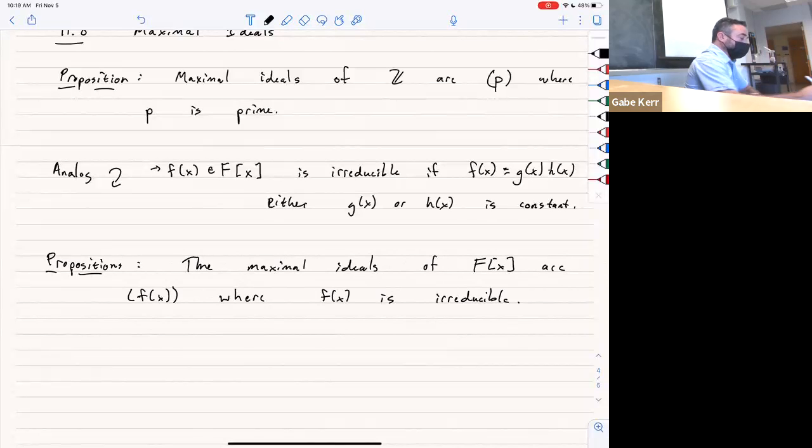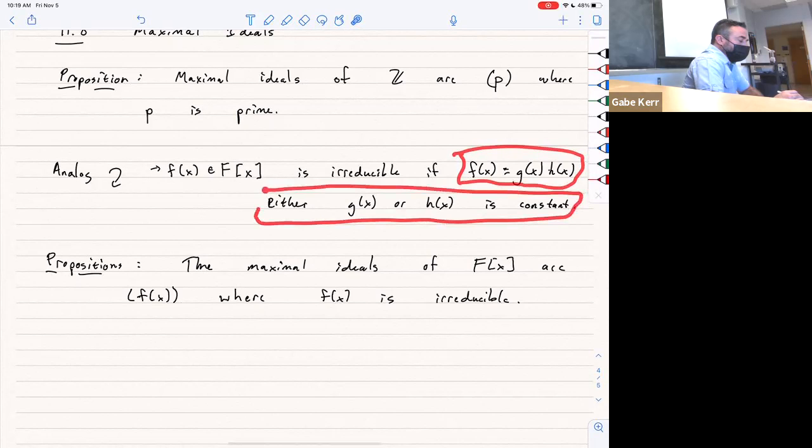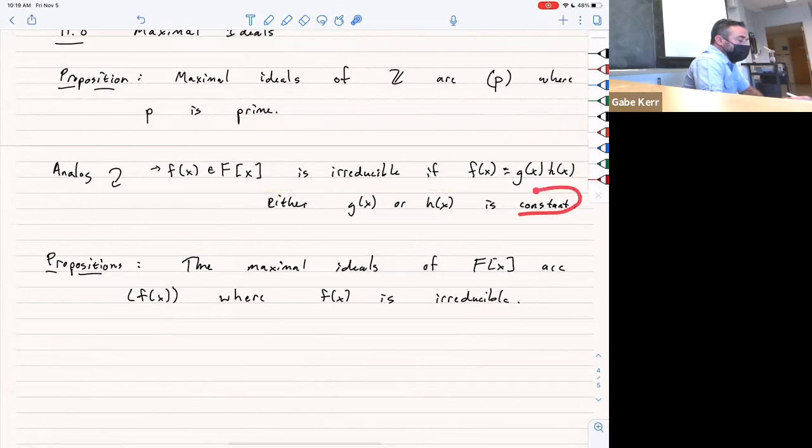And in the final minute, I just want to draw your attention to something behind what we're going to talk a little more about. If you look at this definition of irreducibility, you could replace constant with a unit. Constants are units, as long as they're nonzero. If you do that, this is very much like the definition for a prime integer.